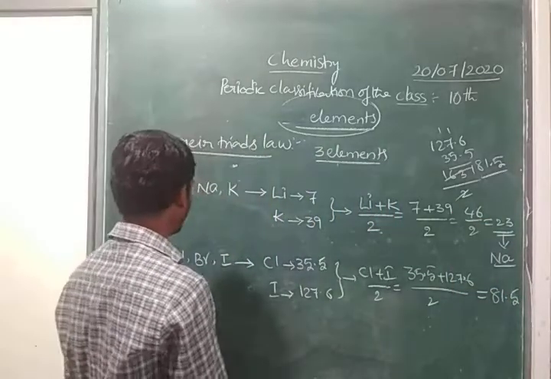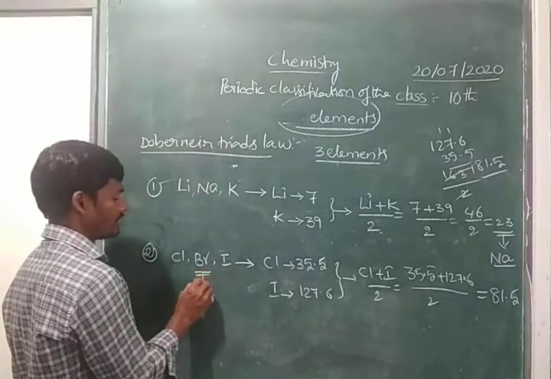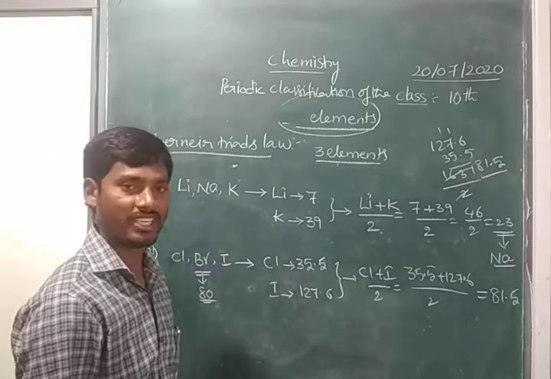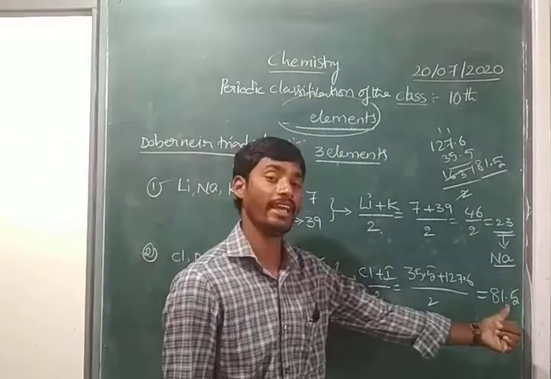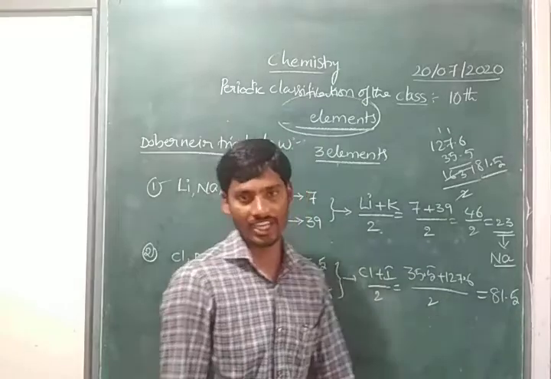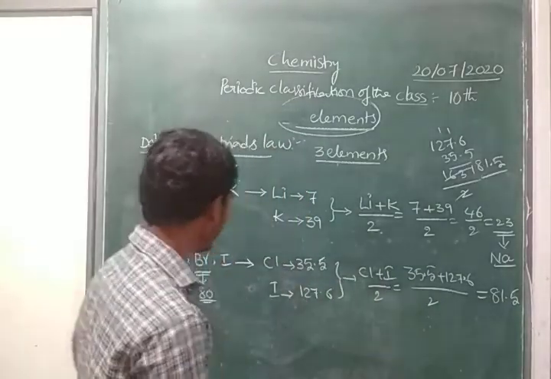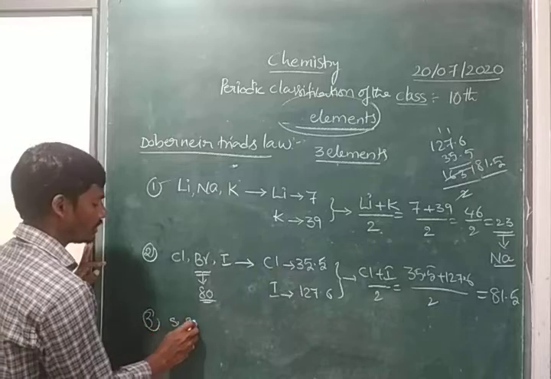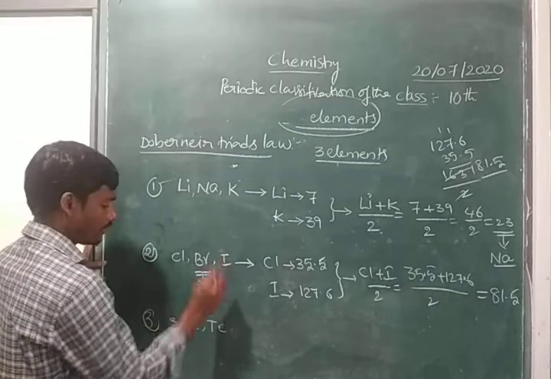But here the atomic weight of bromine is 80, children. How much are we having? The atomic weight of bromine is 80. But how much are we getting here? 81.5. Similarly, we have some more examples like sulfur, selenium, tellurium.